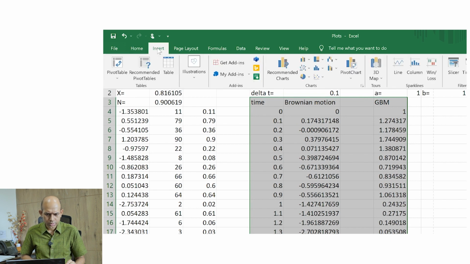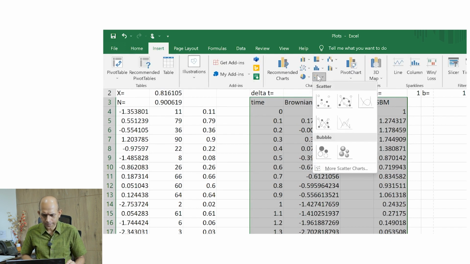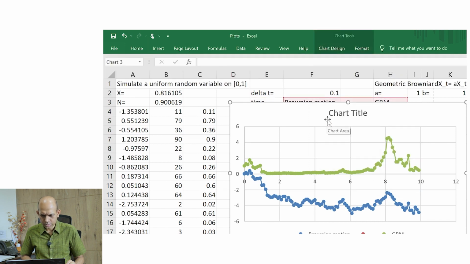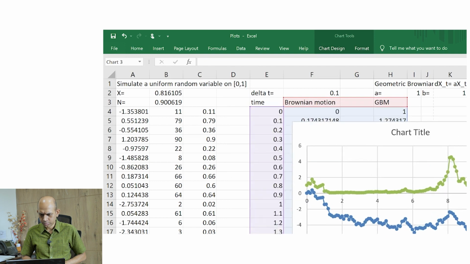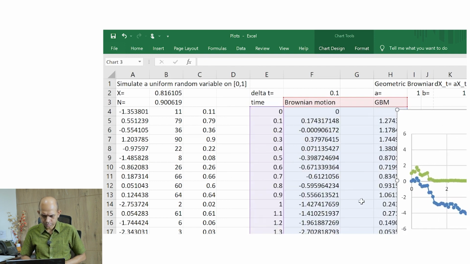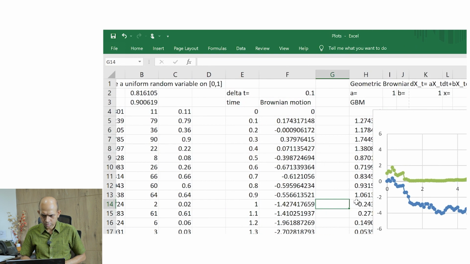So here we insert a plot, and we place the plot to my right.